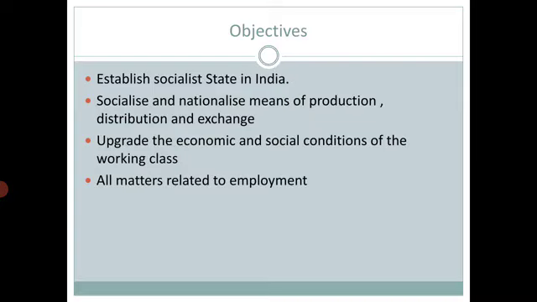See, AITUC is an all India level trade union, right? And there might be small other trade unions. So the trade unions which are affiliated to AITUC are attached to AITUC.